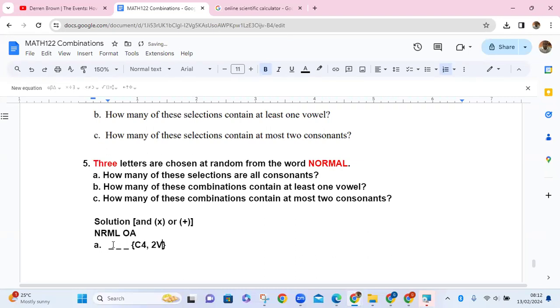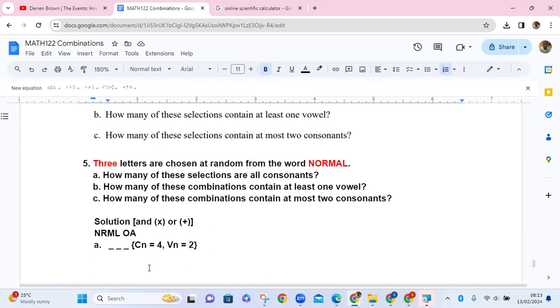Use C for consonants and V for vowels. The number of consonants is 4, and the number of vowels is 2. All right, and how many of these are all consonants?